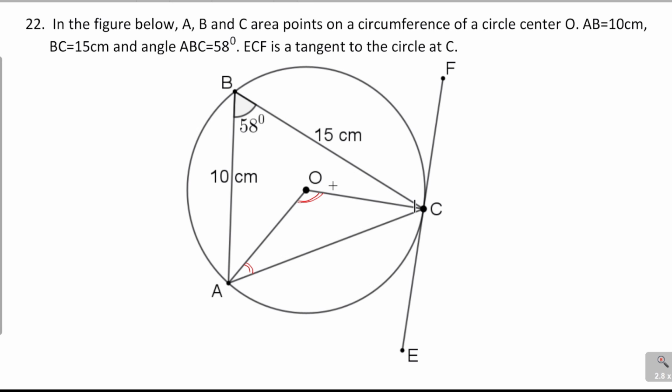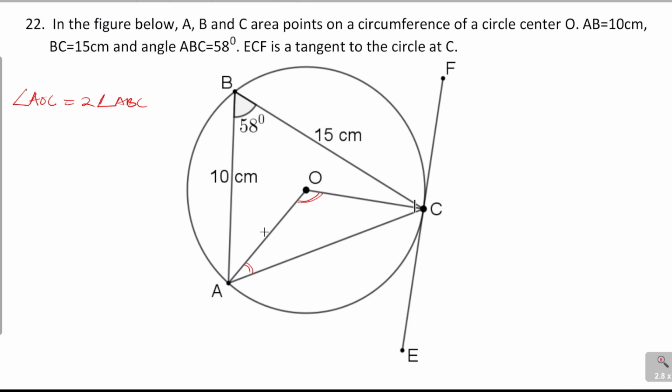When I look at angle ABC and angle AOC, we say that angle AOC is twice angle ABC. Why? The reason is the angle subtended at the center of the circle, that is angle AOC, is twice the angle subtended at the circumference by the same chord or arc.